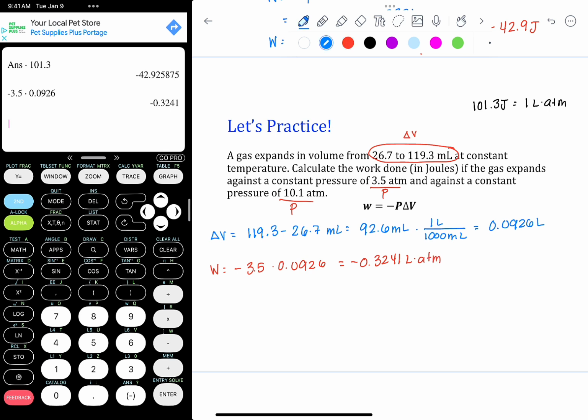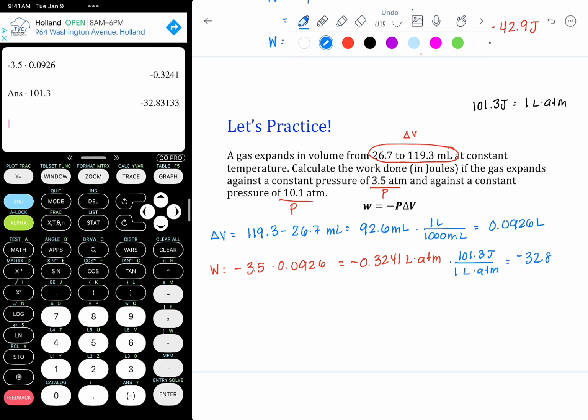We'll then use our conversion factor and multiply by 101.3 joules to cancel out our liters atm. So we'll multiply by 101.3, maintaining that negative sign, so we get negative 32.83. And with sig figs, we'll call that 32.8 joules. Actually, that's going to be 33 joules with sig figs.